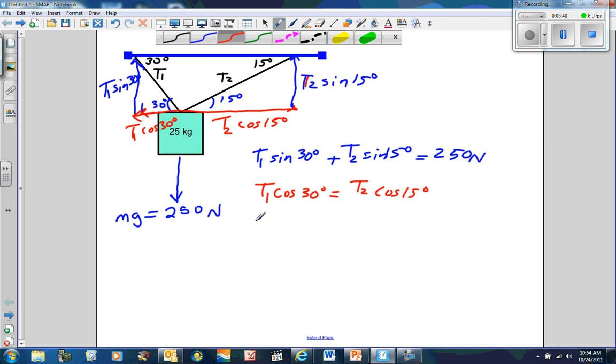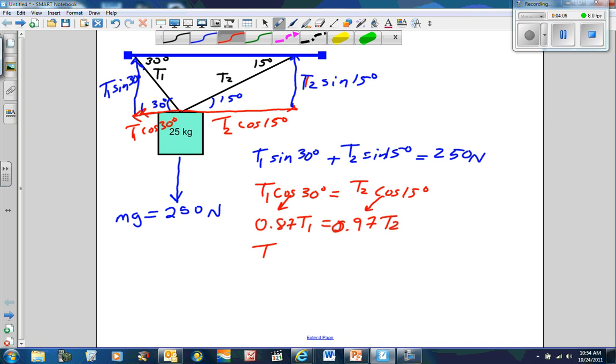All right, if we just put numbers in, this is going to be 0.87 T1 has to equal 0.97 T2, because cosine of 15 is 0.97, cosine of 30 is 0.87.